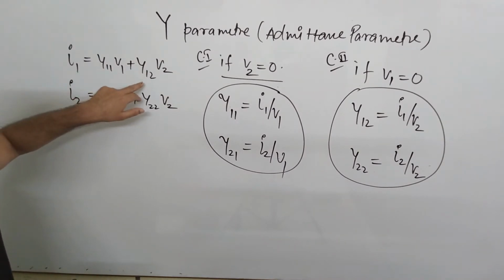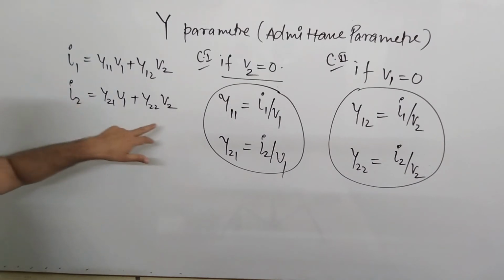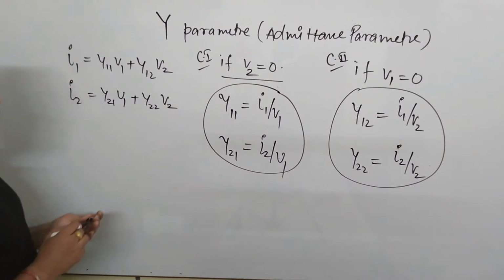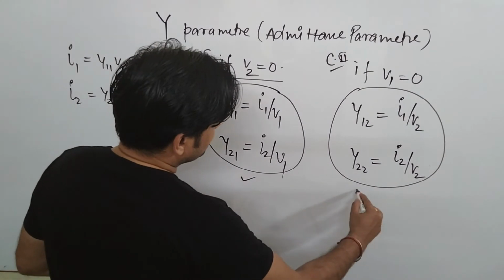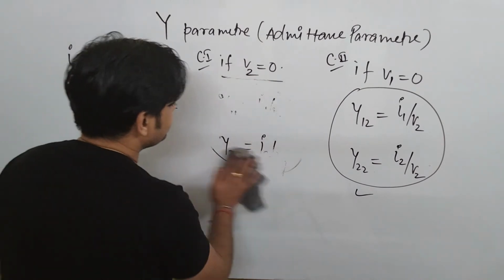Similarly, if V1 is 0, then Y12 comes to be I1 by V2 and Y22 is I2 by V2. So this is the value of your Y parameters when V1 is 0 and when V2 is 0. Now we'll see what we call them.